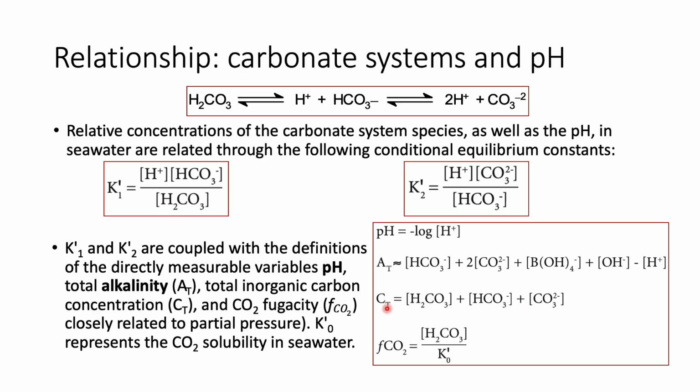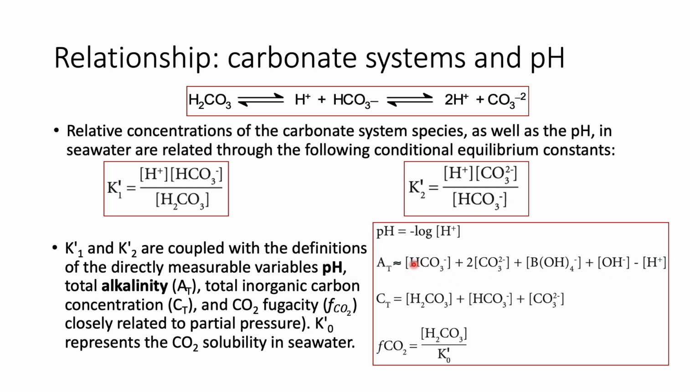And when we talk about the total inorganic carbon concentration, we mainly focus on carbonic acid, bicarbonate anion and carbonate anion. These are the three species which contain carbon. Here we also have boric acid, which does not have carbon; hydroxide anion does not, and similarly the H plus ion also does not have carbon.